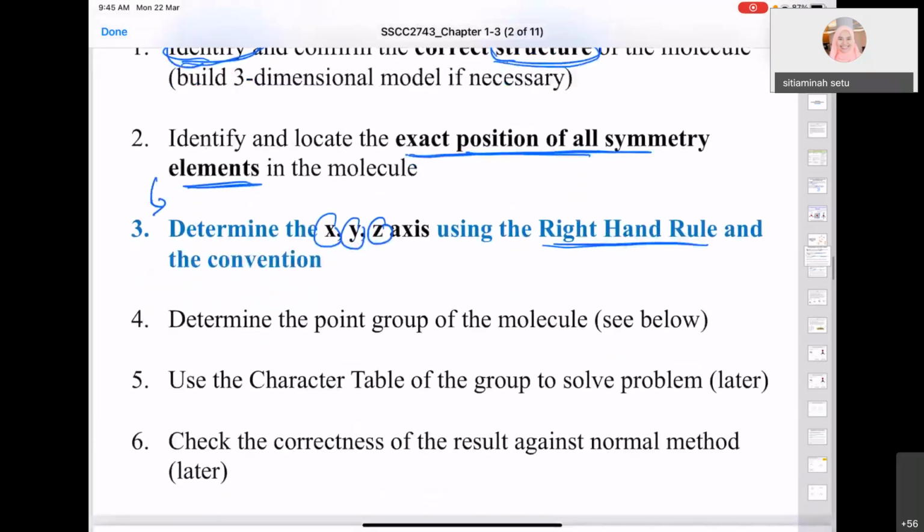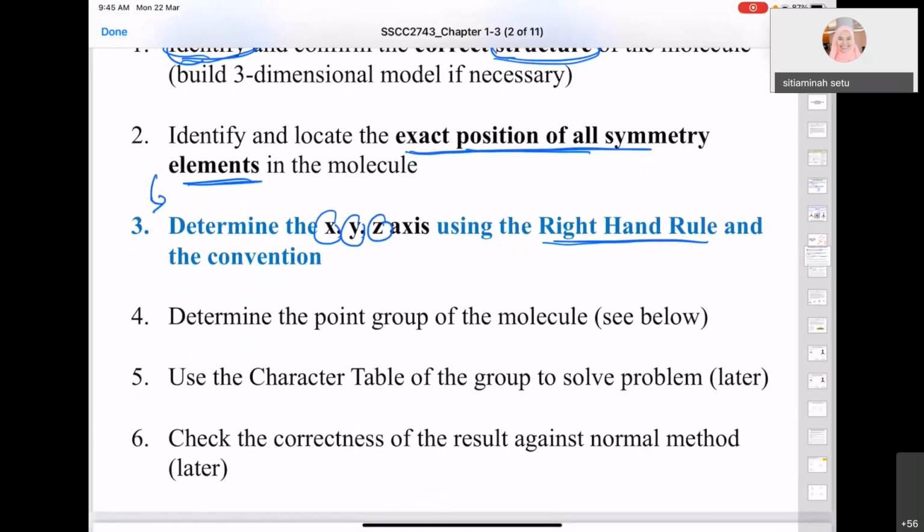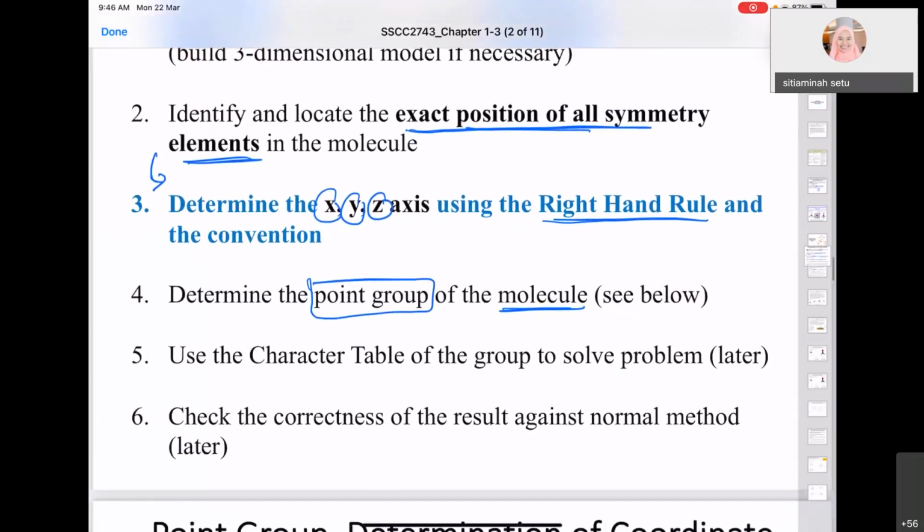After we determine the coordinates of the X, Y, Z axes, we can determine the point group of the molecule. And we will stop here.